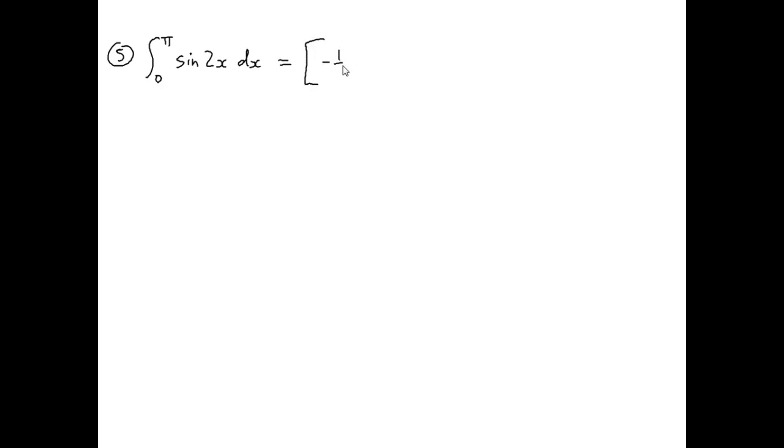Well, it's minus 1/2 cos 2x, but I've got my limits between 0 and pi. So minus 1/2 cos, I'm putting pi in where x is, so that becomes cos 2 pi, and then I'm minusing minus 1/2 cos of 0.